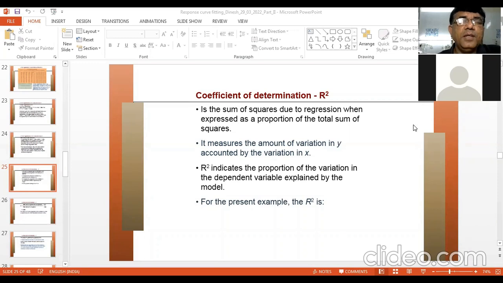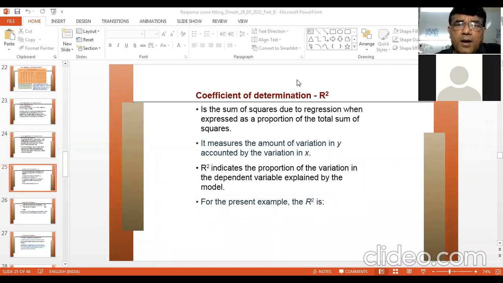So in example 1, I have shown you the sum of square due to regression, if you remember how to calculate the sum of square due to regression and total sum of square. And you have also seen the residual sum of square.